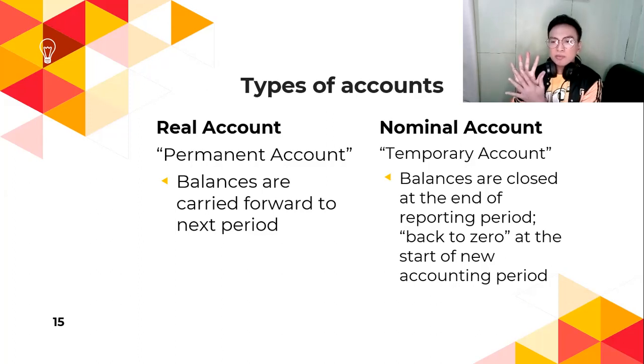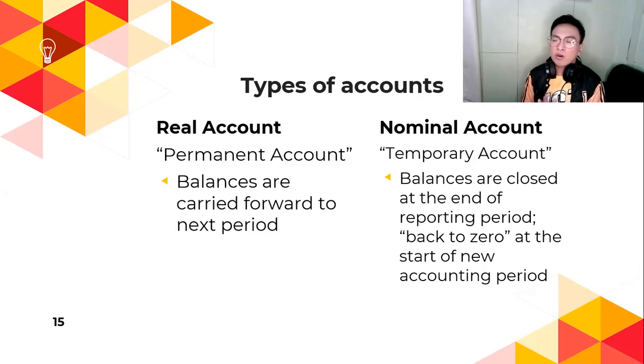While these two, revenues and expenses, their balances are zeroed out at the end of the accounting period. Kaya sila tinatawag na temporary dahil ang income for this accounting period will not be recognized as a continuous income the next period.